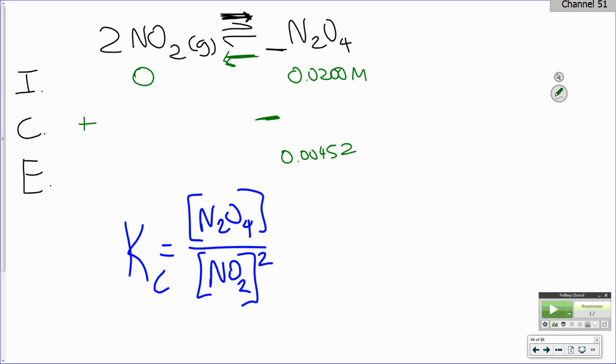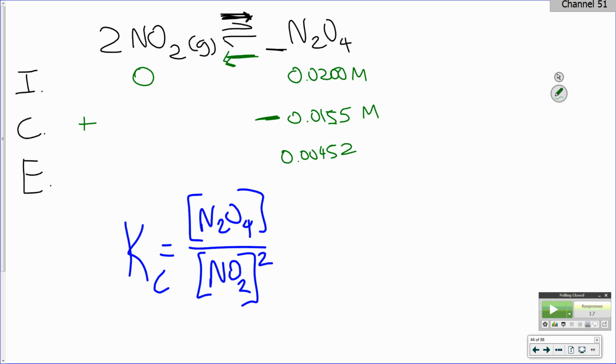All right, so if I subtract those two, I get that it decreased by 0.1055 molar.